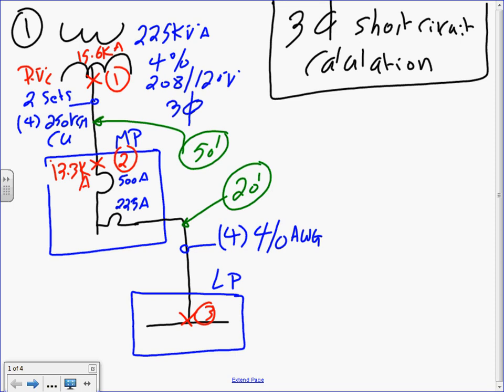Voltage drop. So you have two things you're juggling. You're trying to move your panel far away from the transformer so the short circuit goes down, and at the same time, you're trying to get it closer so the voltage drop stays at an acceptable level. That's where you have to find the happy medium between them.